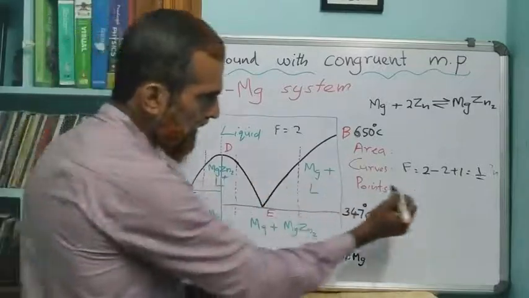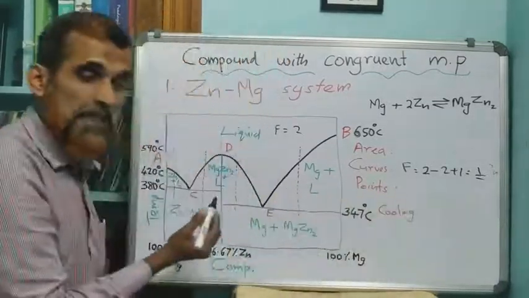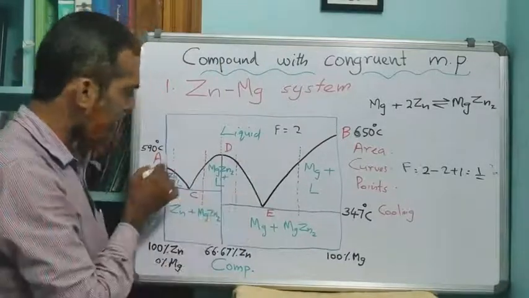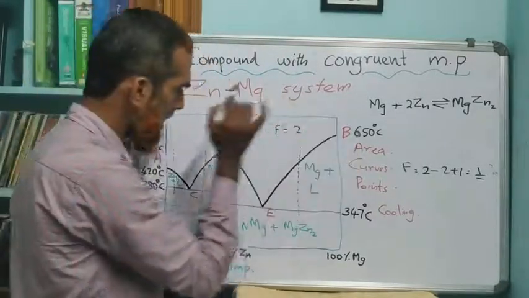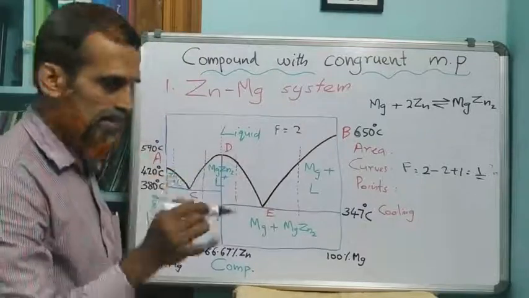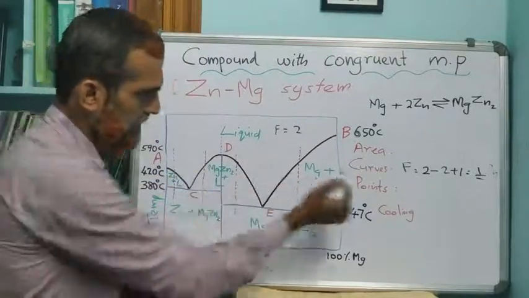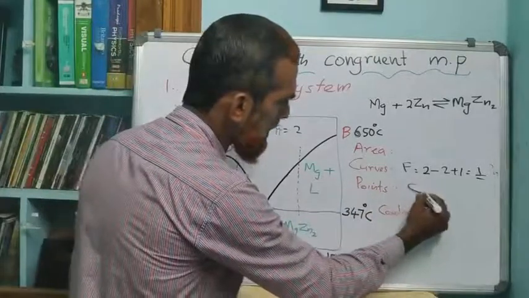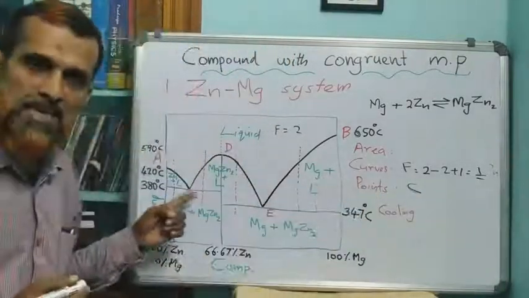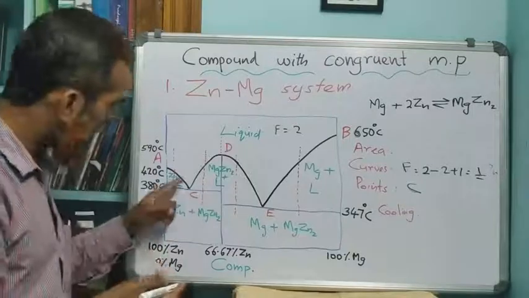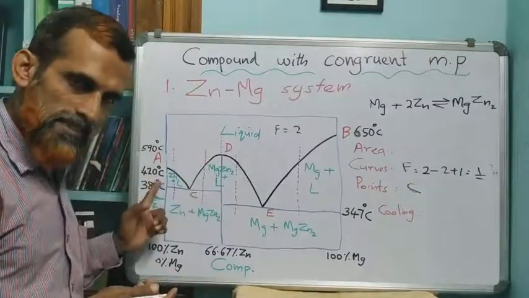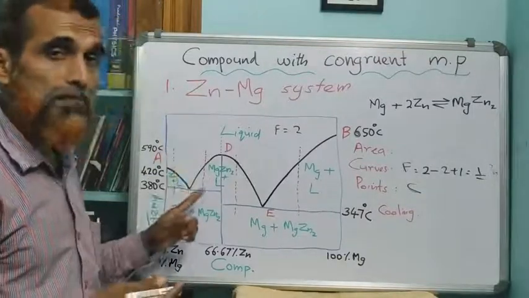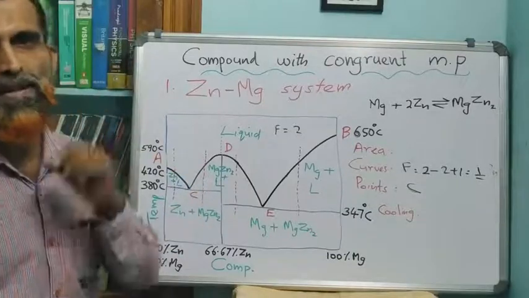Now finally, coming to eutectic points. There are two eutectic points. When we consider the points, we already spoke about point A, point B and point D, which are all invariant. Now it is the triple points that are more important. There are 2 points, C and E. What about C? What is in equilibrium? Here, solid zinc, solid compound MgZn twice, and the liquid will be in equilibrium.